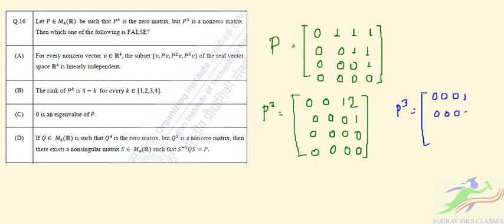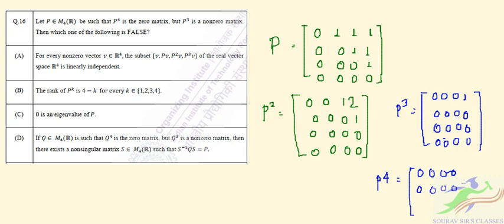The remaining elements will be 0, and P4 will be the zero matrix, also known as a nilpotent matrix. So from here you can see that P cube is non-zero and P to the power 4 is 0.